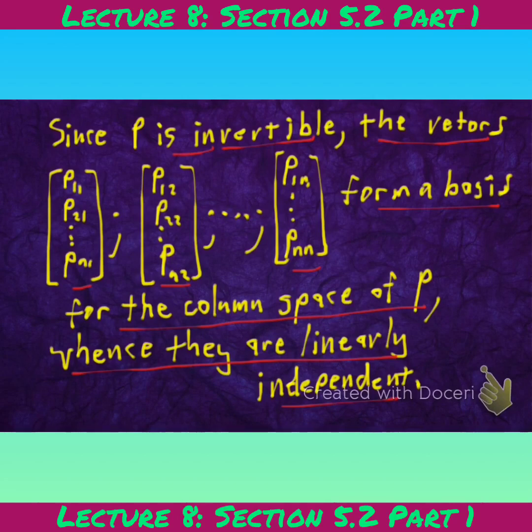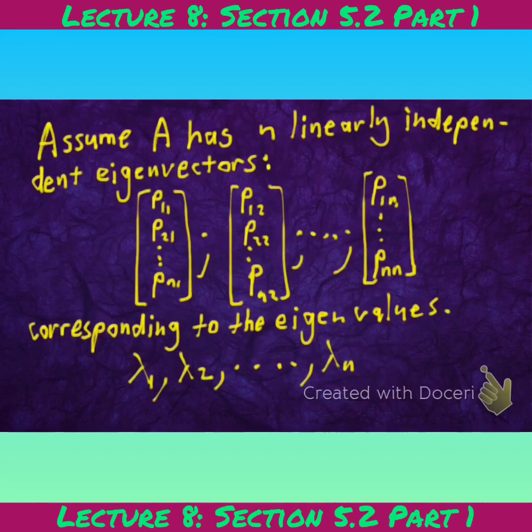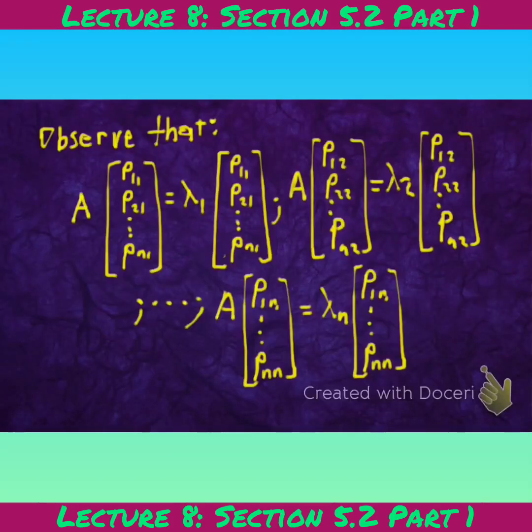So now we need to just quickly look at the reverse. Assume that A has n linearly independent eigenvectors, and let these eigenvectors correspond to these given eigenvalues. Again, just by definition, these vectors all satisfy these eigenvalue equations, for every column vector there.